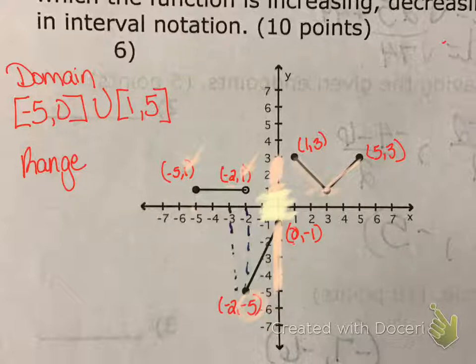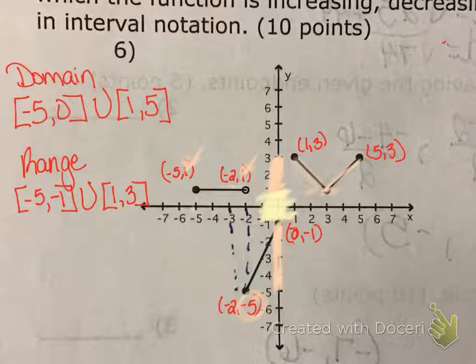So it's my peach colored numbers that are my range. So I've got -5, and then I go up to -1. I do my union again. And then I go from 1 to 3. Okay, so that's my range.